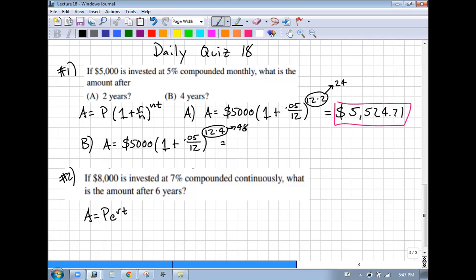If you're using your simple basic calculator, we need to do 0.05, divide by 12, add 1, turn the phone sideways, do to the power of 48, and then times 5,000. And we get 6,104.428. All right, if you got something different, you're doing it wrong.